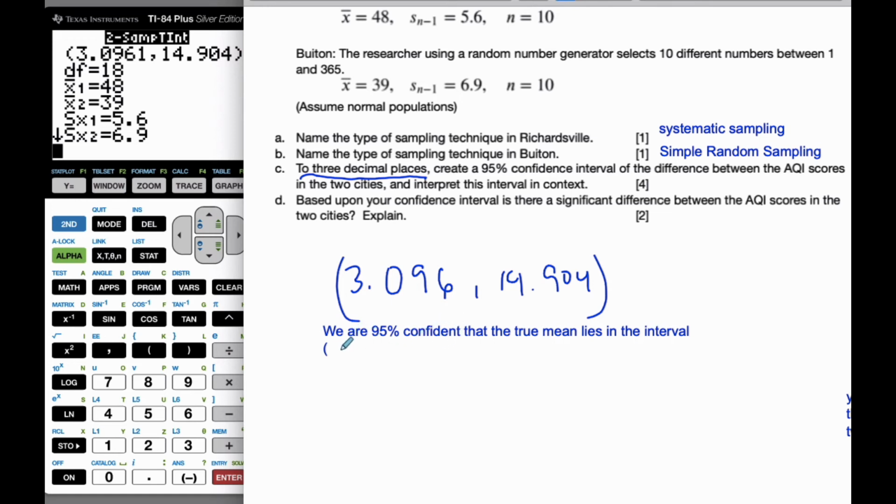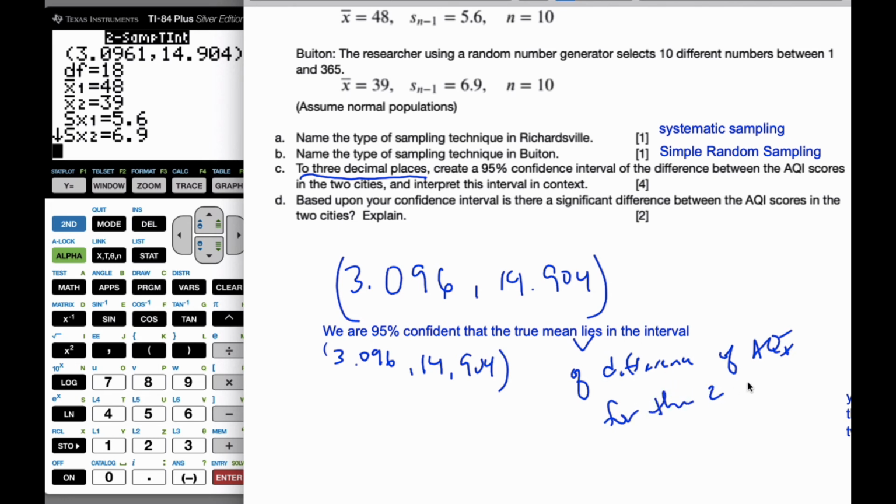So we are 95% confident that the true mean of the difference of the AQI index for the two cities lies between these values here. And in statistics, you always have to answer things in context as often as you can. So now we have a point for 3 decimal places with the correct values. We have 2 points for the correct interval and 1 point for our correct statement at the end.